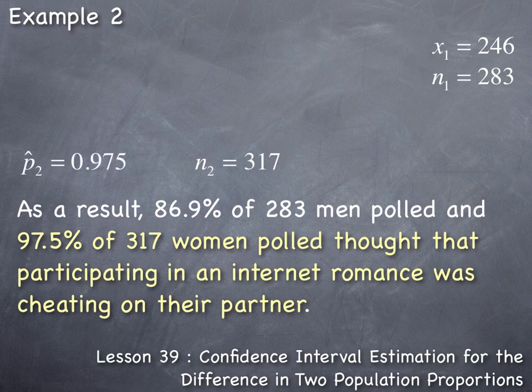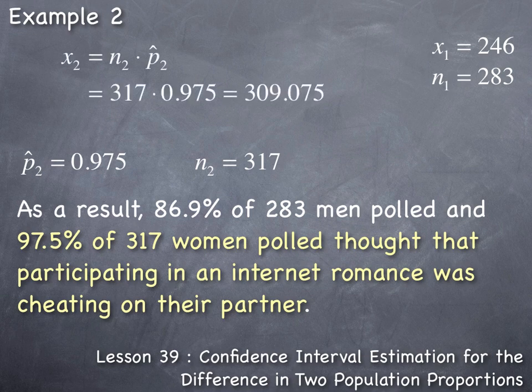P2 hat equals 0.975. Now the required input on the TI-84 calculator is for the actual data value, X2, and the sample size, N2. So when we're given N2, the sample size, and P2 hat, the sample proportion, we can solve for X2 by multiplying the values, N2 times P2 hat.